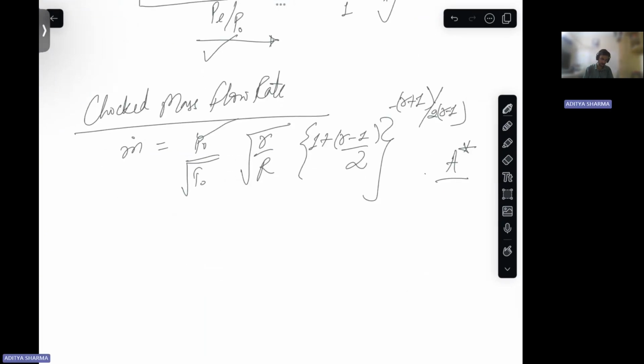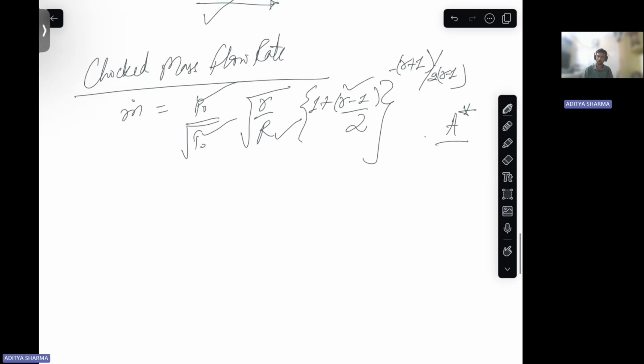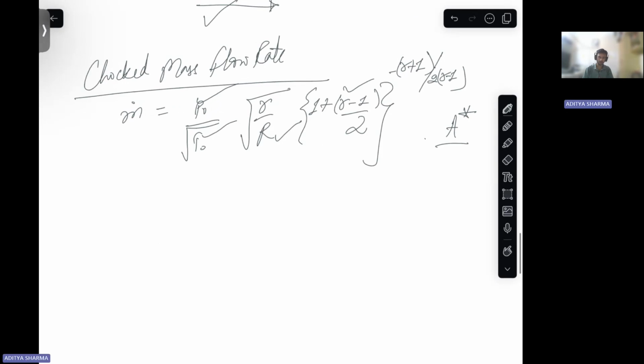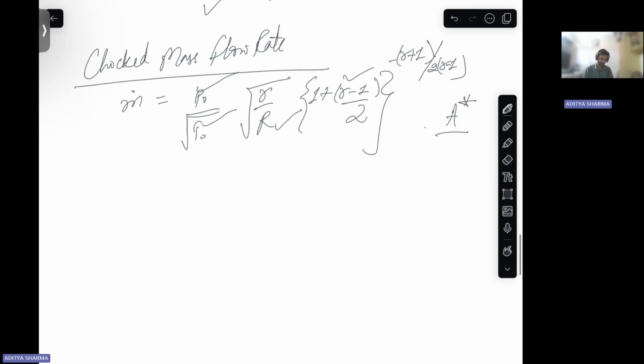Okay, P naught is stagnation pressure, T naught is stagnation temperature, gamma we know, R is the gas constant. So all these parameters, properties, we know what they mean.